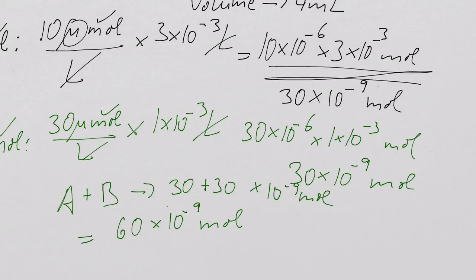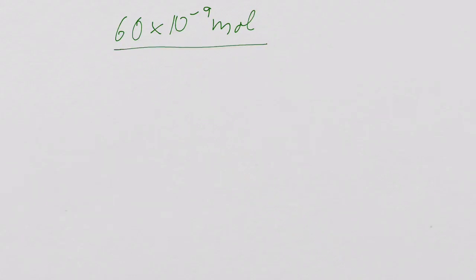That's how many moles I have picked up from both solutions together. Yeah? So I have 60 times 10 to the minus 9 mole in both solutions. And what was the volume together? 4 times 10 to the minus 3 liter.